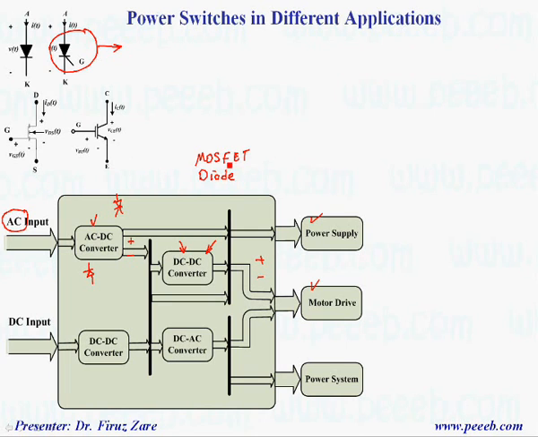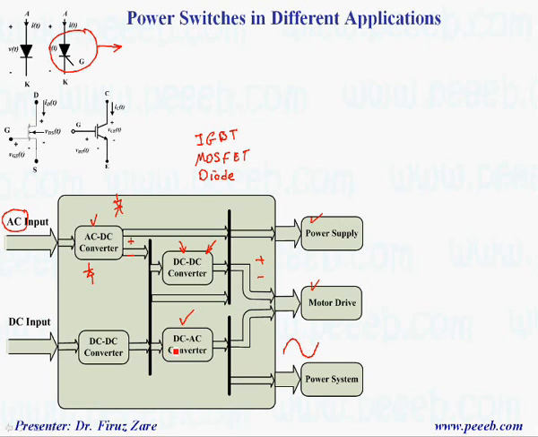And in some applications, if we need to operate at high voltage, high frequency, then we can also use IGBTs. Or if we have to generate AC voltage, in this case we need to use a DC-AC converter.